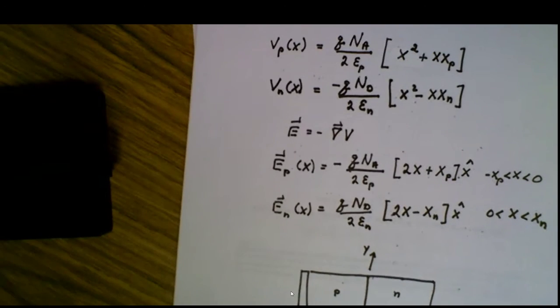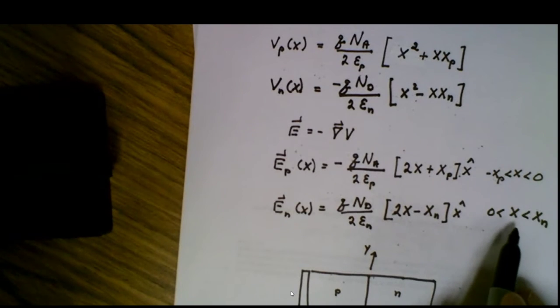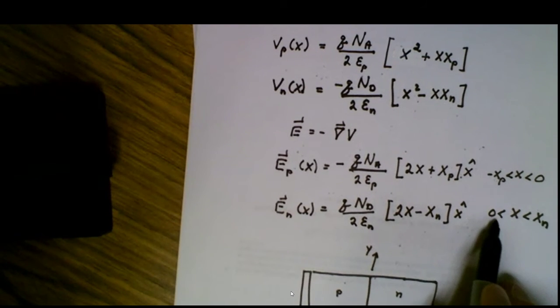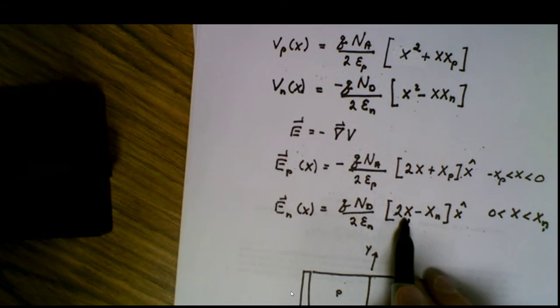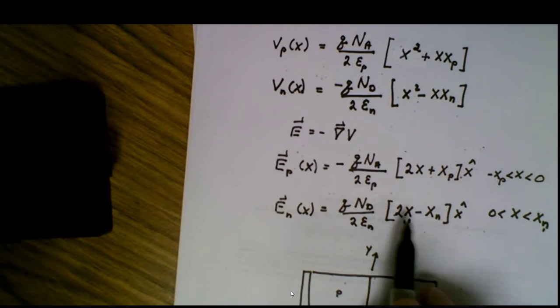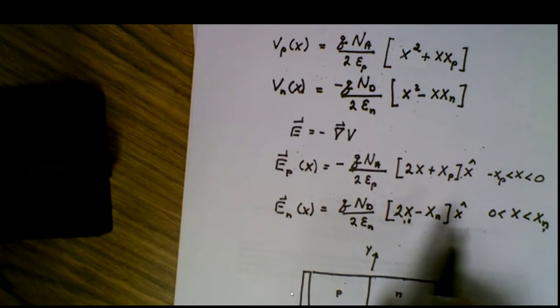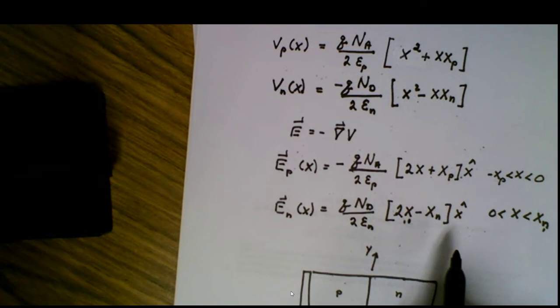And if you look at these equations, look at this one here. X is between 0 and x sub n, so that implies that x is always positive. But if x is equal to 0, this term goes away, and we see the electric field is in the negative direction. If we force x to be equal to x sub n, 2 times x sub n is going to be greater than x sub n, and we see that our electric field is going to be pointing in the opposite direction, in the positive direction.